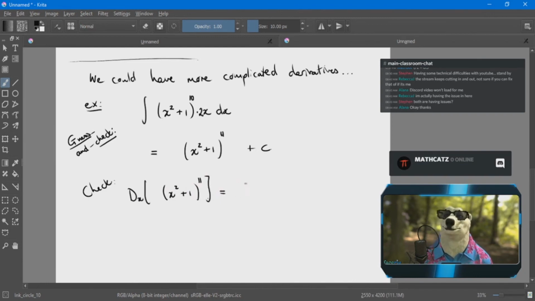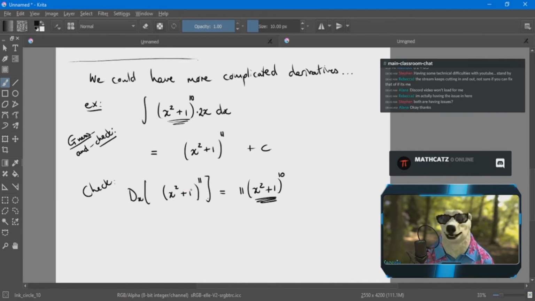Well, in doing this check in the derivative taking process, it's a chain rule because this is a function of a function. So the outside function is something to the 11. The derivative of that is 11 times the something to the 1 less. You see, I get the target or part of it that I'm looking for.